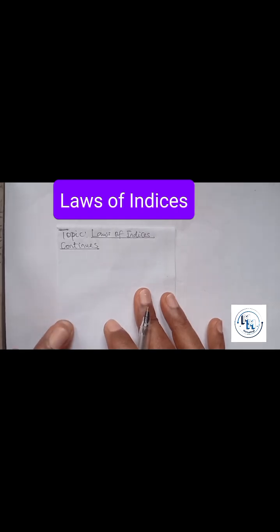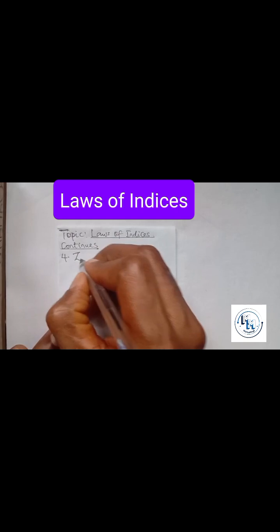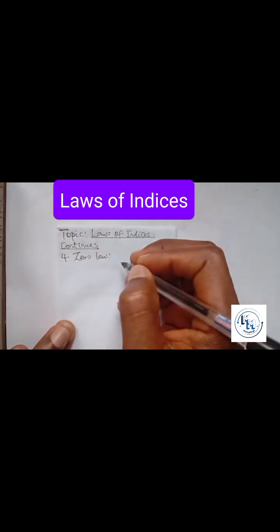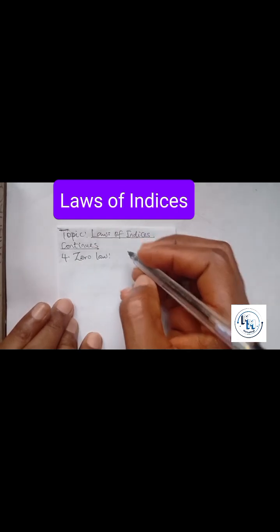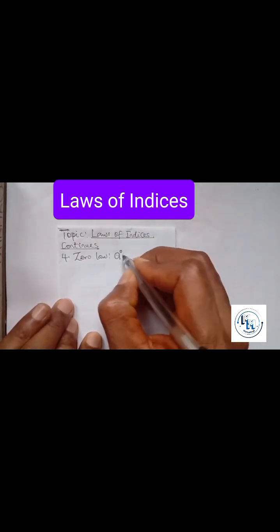We're going to take the fourth one. The fourth one says like this: zero law. Just like the name implies, it states that anything raised to power 0 is 1.